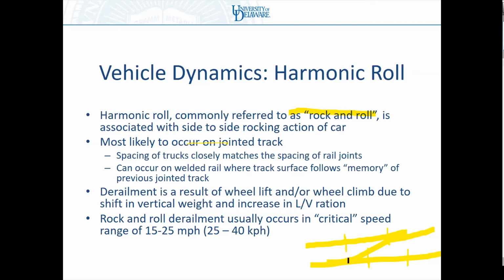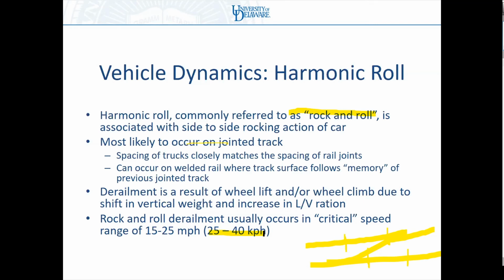And the resonance phenomenon, as I mentioned before, occurs in this critical speed range, about 25 to 40 kilometers per hour. So we've many times seen the situation where a vehicle going at 50 kilometers per hour is no problem. A vehicle going at 15 kilometers per hour is no problem. But the vehicle going through the track at 35 kilometers per hour resonates.